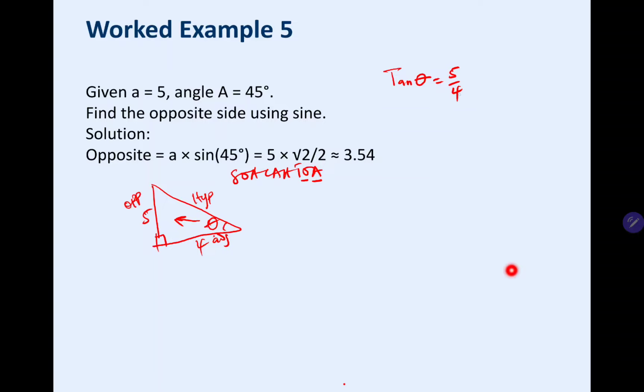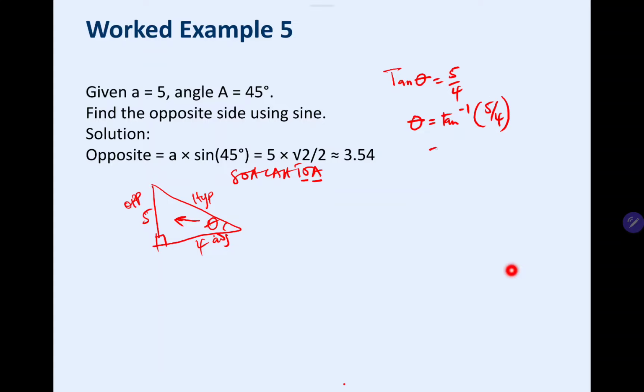All right. And then to know what theta is, which is the angle, we then have to look for the inverse tan or the arctan of 5/4. All right.